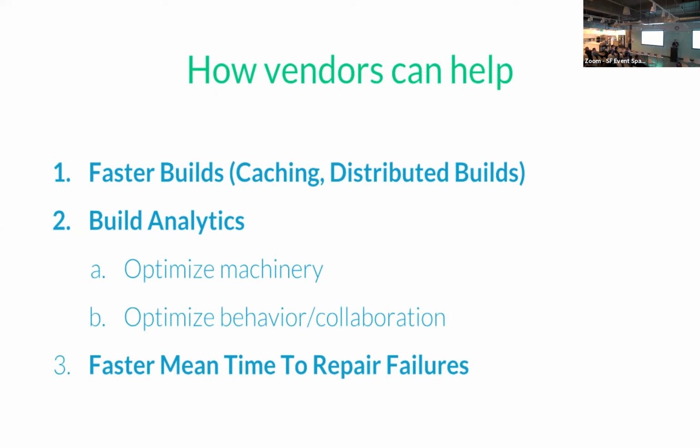So one thing is optimizing machinery. The other aspect where you need data is also optimizing behavior and collaboration. So for example, say you would migrate from Maven to Gradle, and Maven people are all used to typing mvn clean. Always do it clean. With Gradle, you don't need to do that. So now you wanted to have the data.